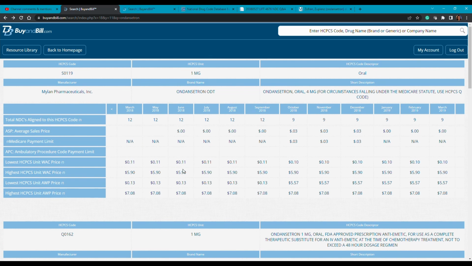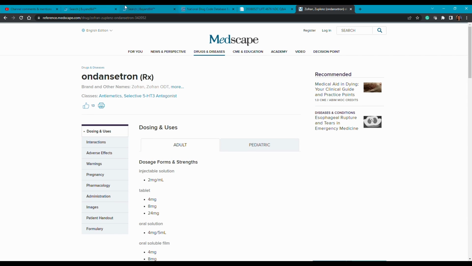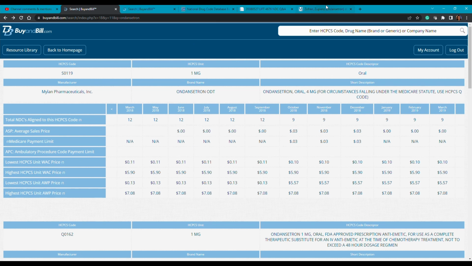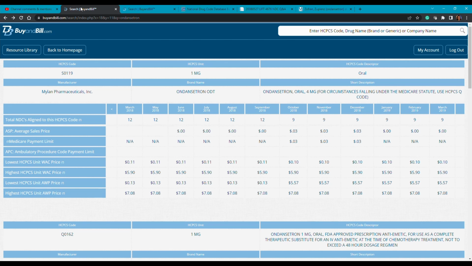You do have to make sure you remember that the HCPCS units is not the same as the NDC units, but it will definitely tell you how this is going to go so that you can go, okay, so it's 1 milligram and this is 2 milligrams per mil. So I know that if your billing system converts and you can put in that you gave them 2 milligrams, then it should automatically give you the NDC of 2 milliliters.